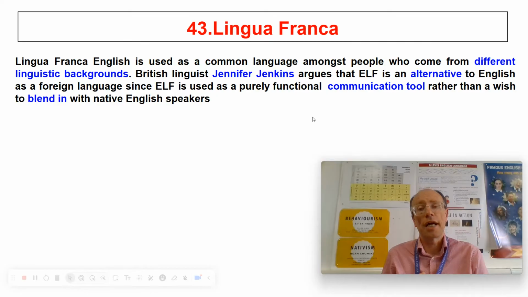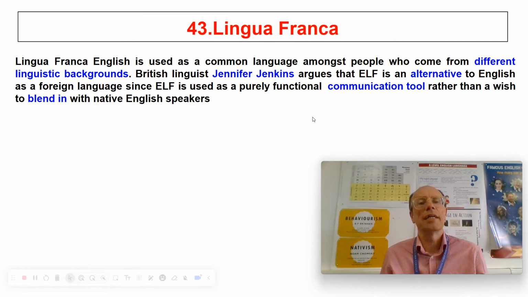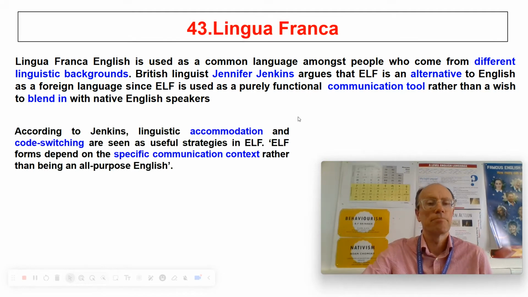She argues that English as a lingua franca is a bit different to English as a foreign language, because when you're doing English as a lingua franca, you're using language not to blend in and become a native English speaker, but you're using English in a purely functional way as a communication tool. So it's a kind of transactional relationship that you've got with the language.